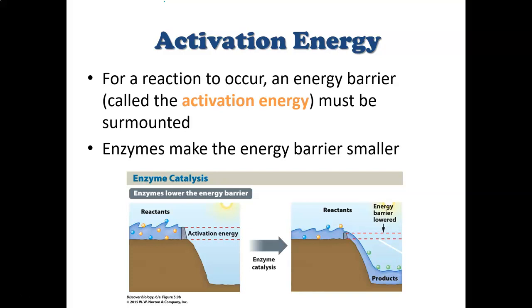On the other hand, if you've greased the mountain with oil, maybe you don't need 30 newtons anymore. Maybe you can do it with 10 or 12 newtons. That means that rock is much more likely to fall down the hill than it was before the enzyme was there, right? So enzymes make certain chemical reactions happen more frequently by lowering the activation energy required to start the chemical reaction.